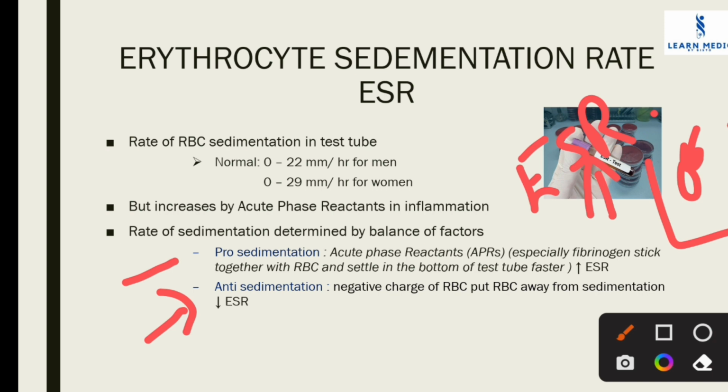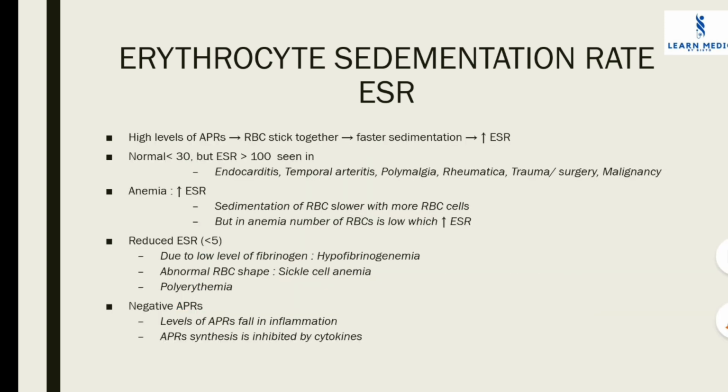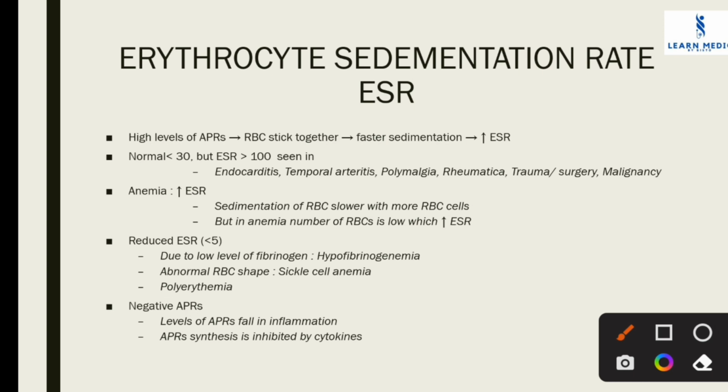The other factor, which works against the ESR and decreases the ESR rate, is anti-sedimentation, where the negative charge of RBCs keeps them away from sedimentation. That decreases the ESR. The high levels of acute phase reactants which stick together with RBCs speed up sedimentation and increase the ESR.